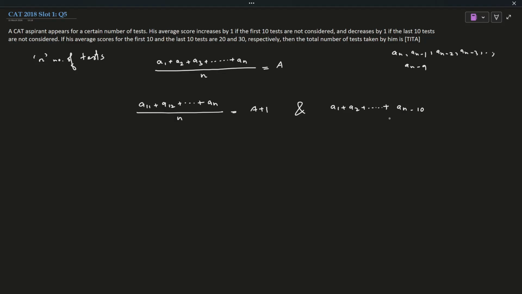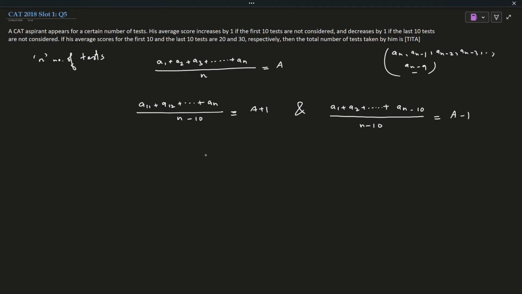After that I will have an minus 9 and an minus 8, like that. So these are the last 10 tests, and I have excluded those. Divided by n minus 10, is equal to a minus 1, since it decreases by 1 if the last 10 are not considered.